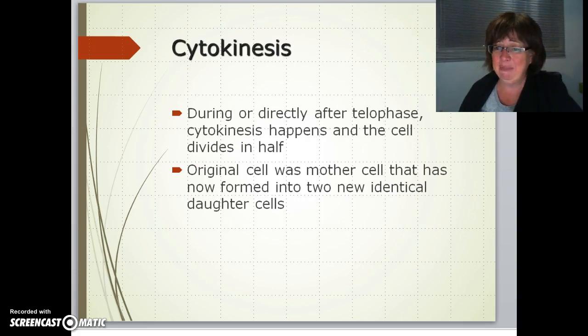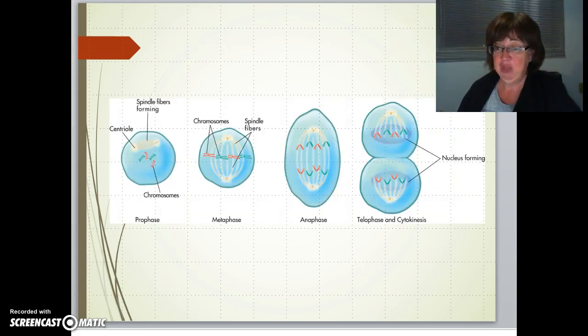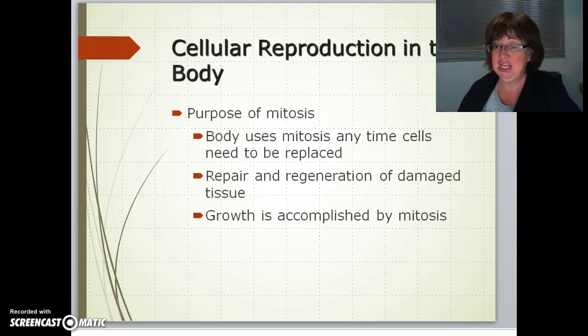Cytokinesis happens right after, or during the last bit of telophase, when the cytoplasm divides in half and the organelles divide in half, and the original cell, called the mother cell, forms two identical body cells. This is normal cell division, and this is mitosis. The purpose of mitosis is to replace, repair, regenerate, and grow.